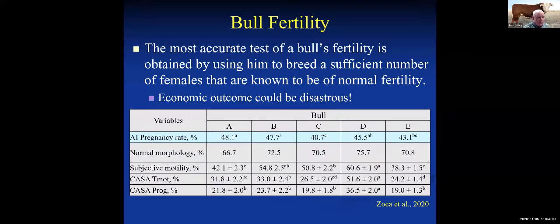If you look at AI pregnancy rate across the top, bulls A and B had the greater pregnancy rates, and none of the single measures that are listed here were measures that they were highest in. So the odds of us identifying a single measure for bulls as far as measuring fertility is probably pretty slim as well.